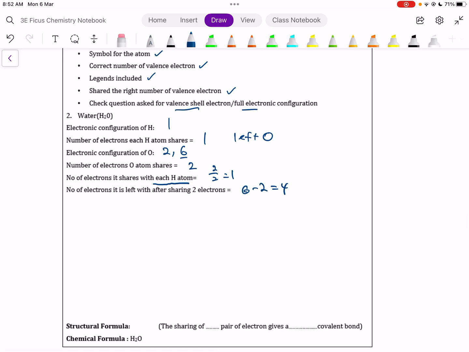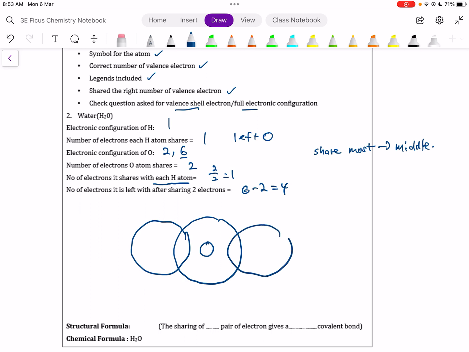The atom that shares the most will be in the middle, so oxygen will be in the middle. I'm just showing the outermost shell in this case. Hydrogen shares 1, oxygen shares 2, but fairly: 1 on the left, 1 on the right.